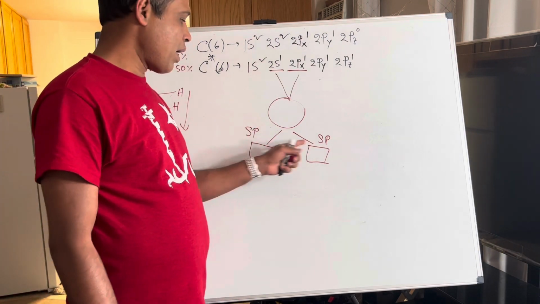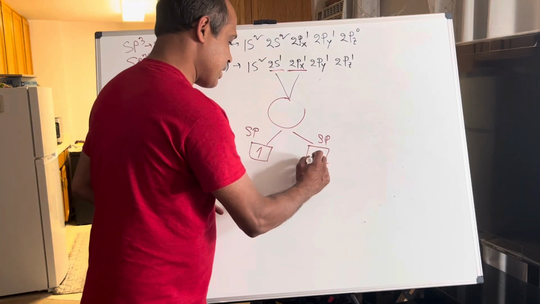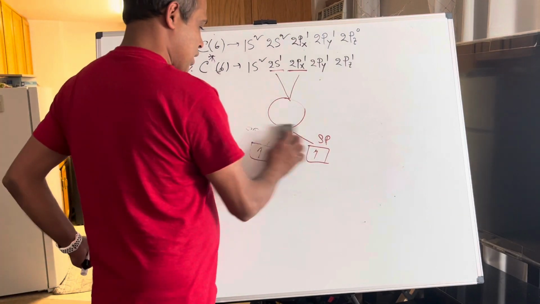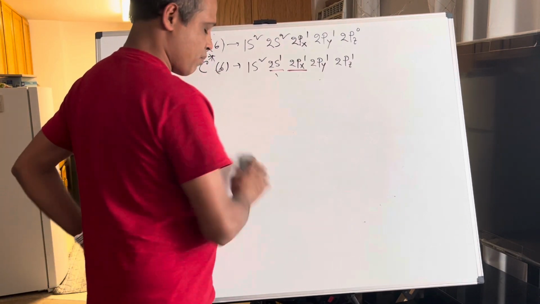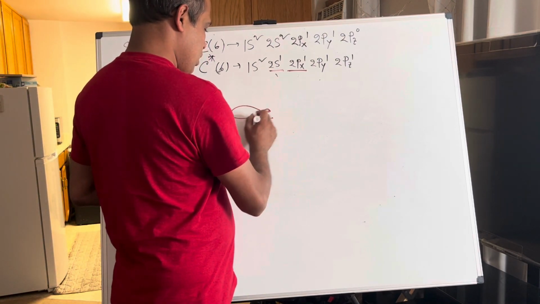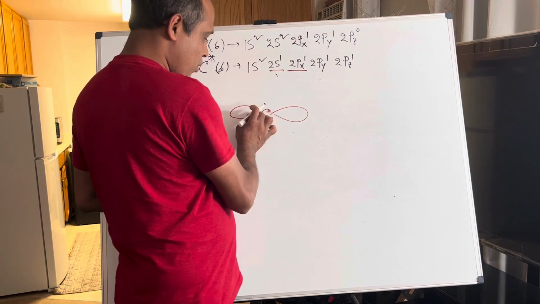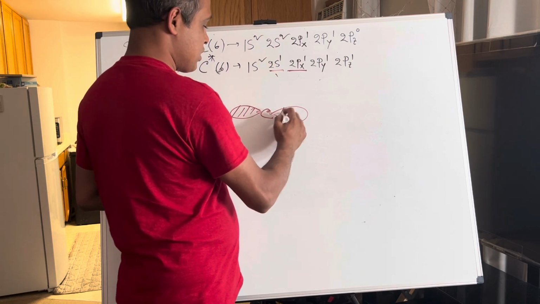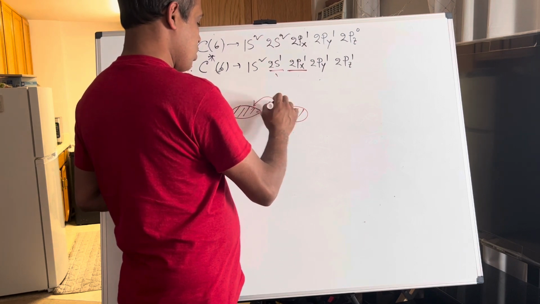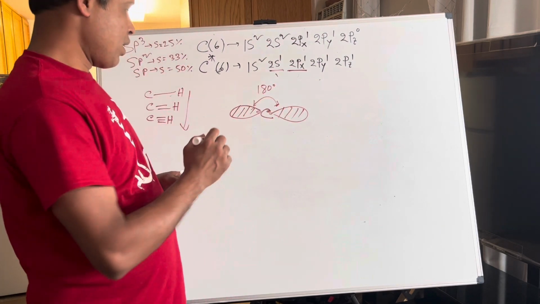So now you have two new sp orbitals, they have equal energy and both of them have one single electron in them. Now let's draw the sp carbon, how it looks and how it forms the bond. You can show this like a small dumbbell. So this is the sp carbon. In sp carbon, the angle between one bond and another bond is 180 degrees.